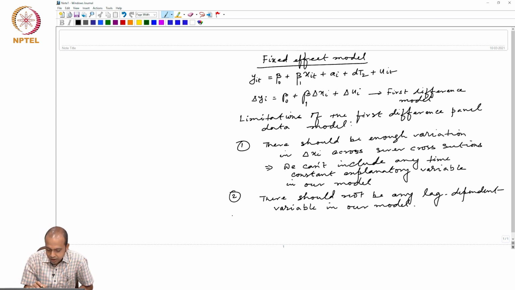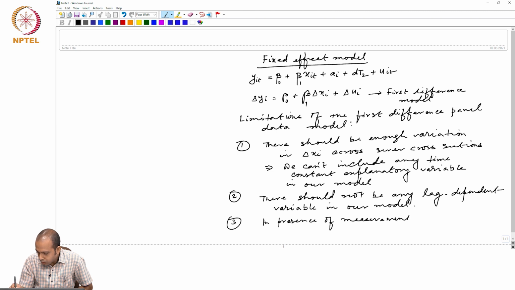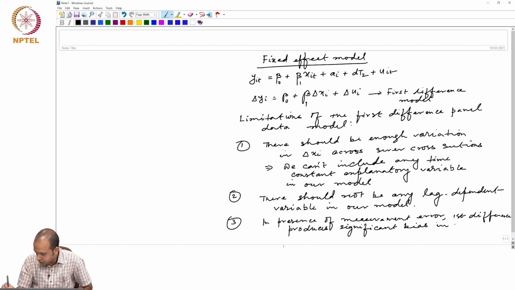Then the third limitation that we have not discussed is that in the presence of measurement error, first difference produces significant bias in the estimates.